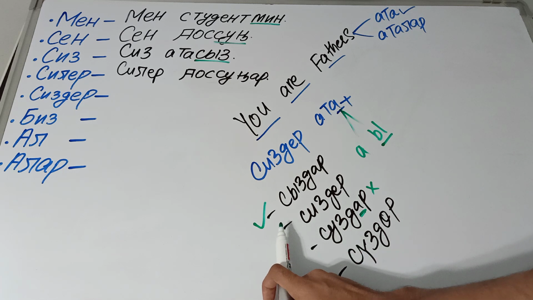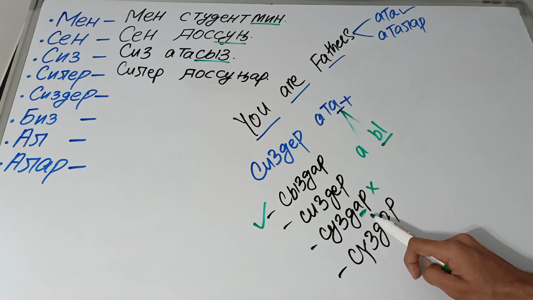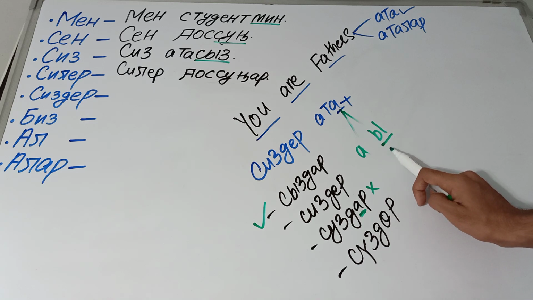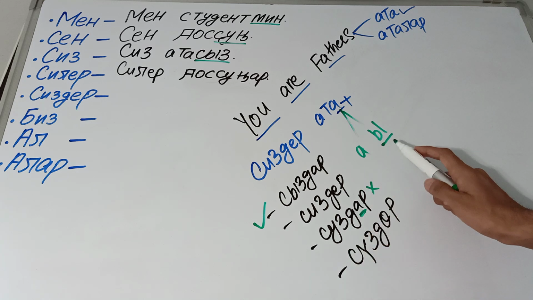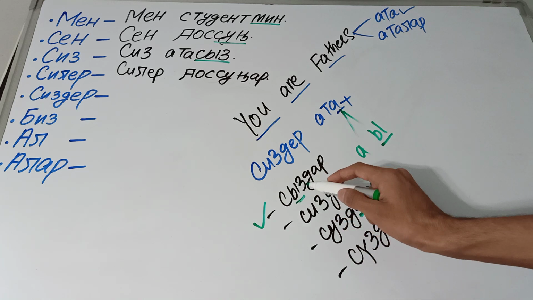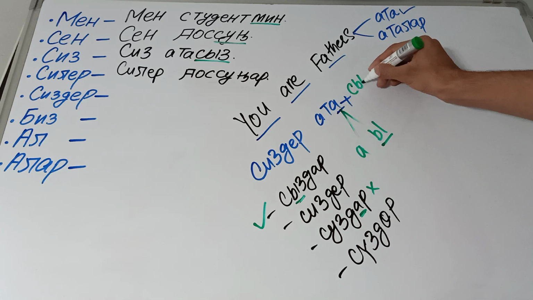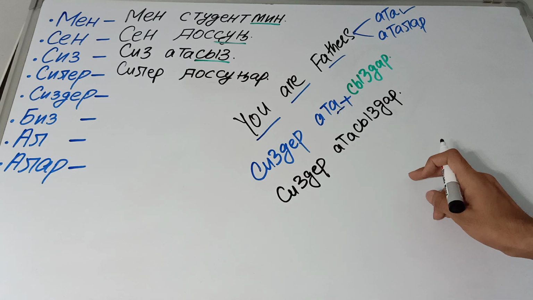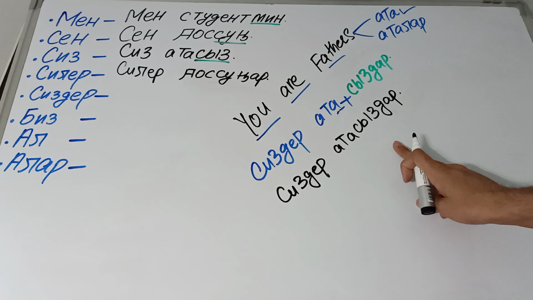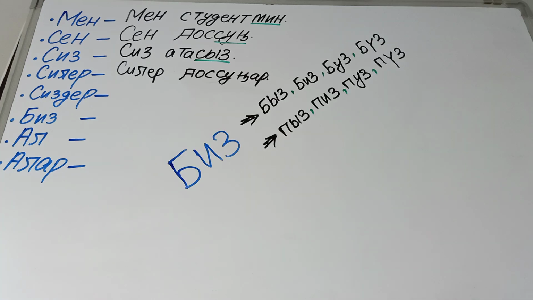So as the first vowel we have u, so we will choose this ending here, ata sizdar, and we will write it like that. Okay, now we will put this example here, and we will talk about the example of biz.